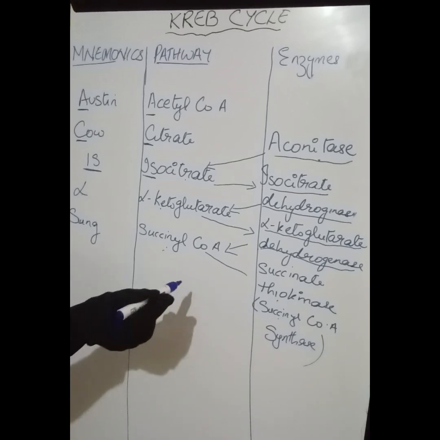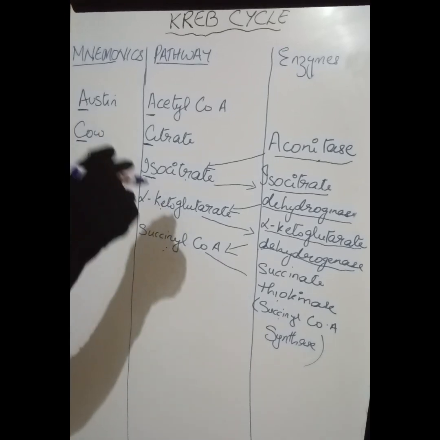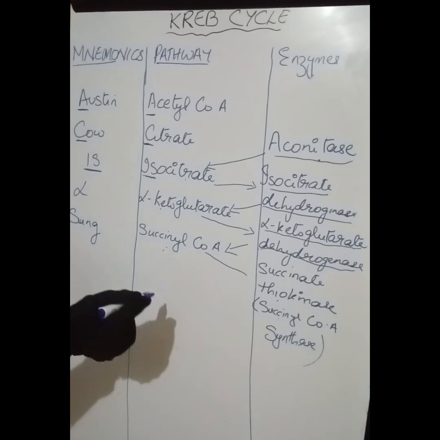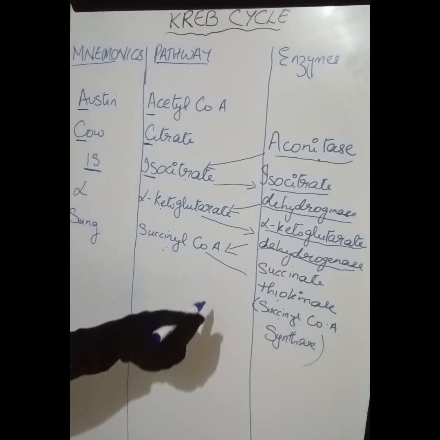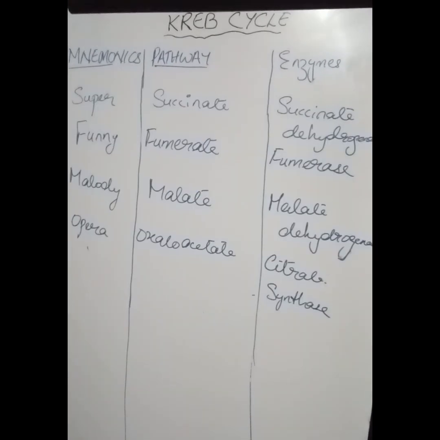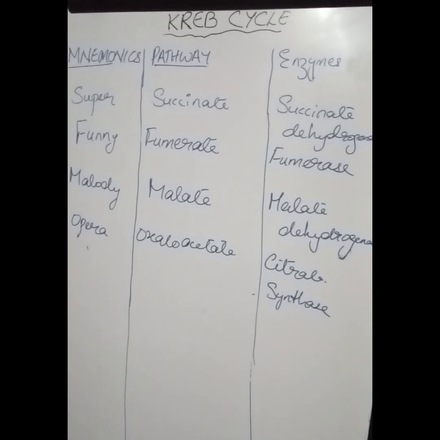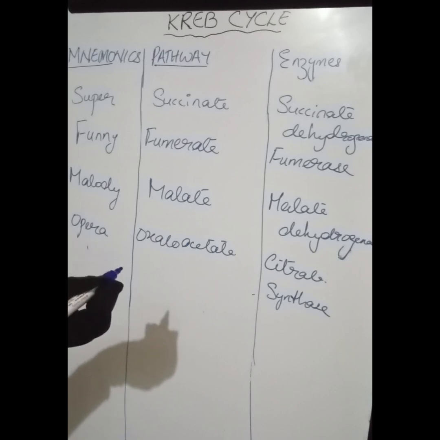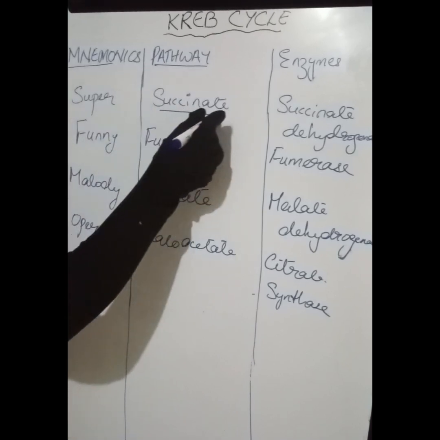Now we'll see how we can go ahead with succinate. We have already seen that succinyl-CoA requires succinate thiokinase or succinyl-CoA synthase to produce succinate.